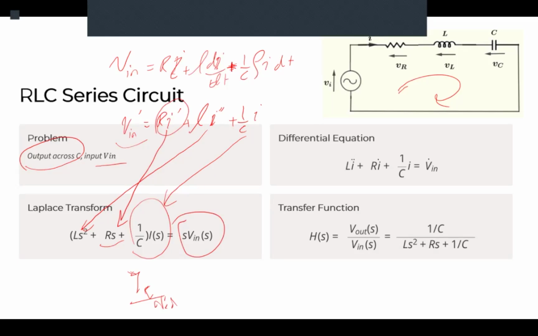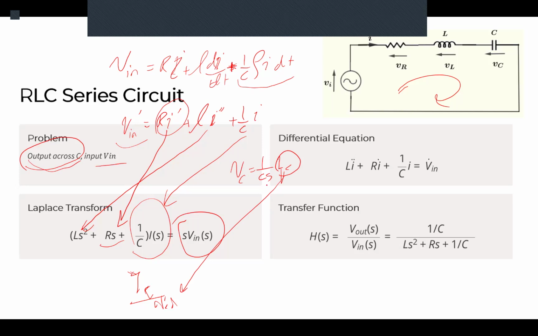Are we good? Now, what we wanted was not the current versus V in. We wanted the voltage of C versus V in. But we know the voltage is 1 over C integral of I. So the relation for the voltage of the C is basically 1 over CS times I. We have the I based on V in.